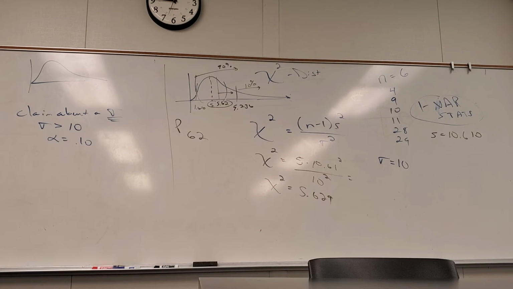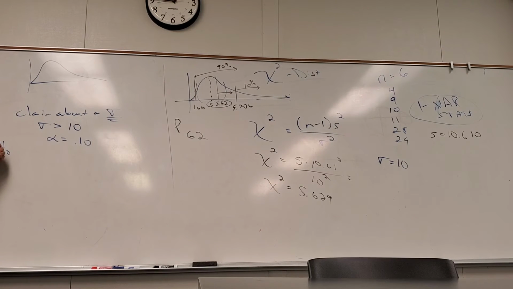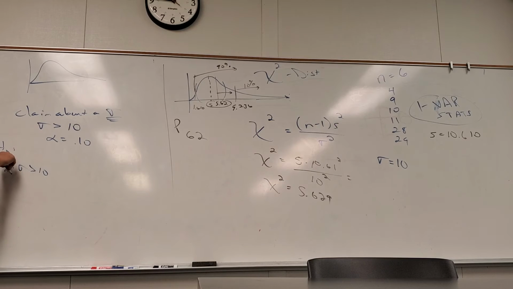Does this feel very familiar so far? I mean, we have a claim. I know it's about a standard deviation, but we have a claim. Which one is that going to be? There's no equal sign. So what's this going to be?